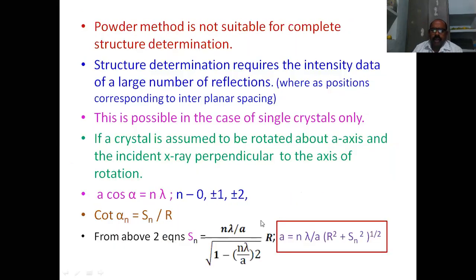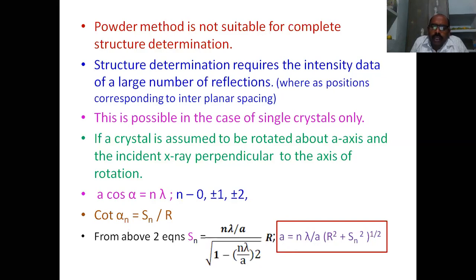So now we are able to calculate the lattice parameter, that means the lattice constant along the direction of the axis of rotation. A is the lattice vector in the direction of the axis of rotation. If we want to get the other parameters B and C, we have to tilt our crystal such that we are able to rotate about the B axis, later in another trial.